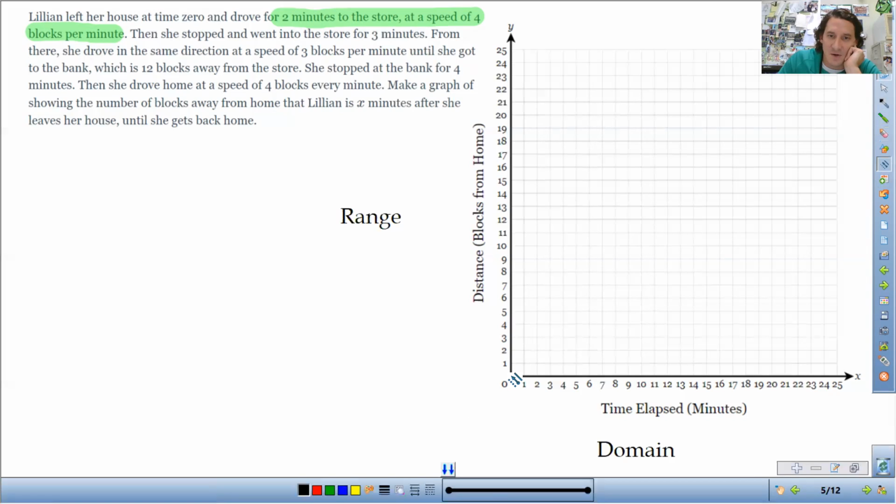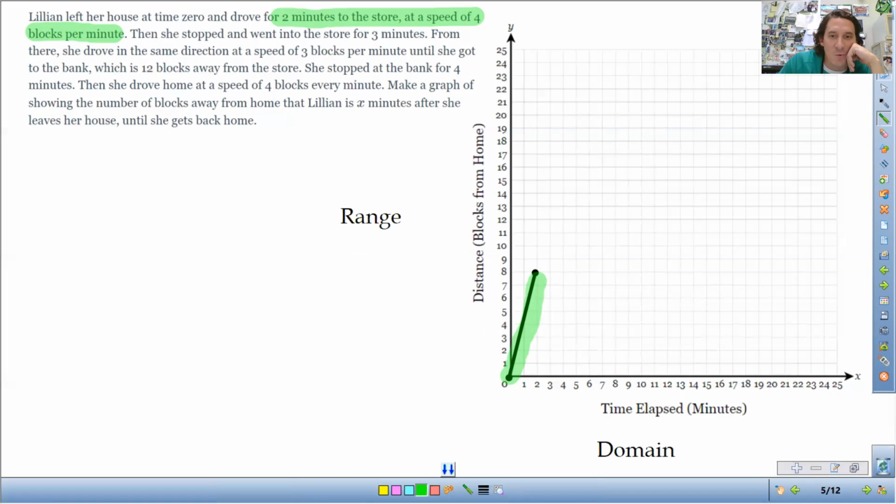So starting at 0, 0, she drives 4 blocks in 1 minute. I'm going to do it again. Up 4 blocks, 1, 2, 3, 4, in another minute. And there's her 2 total minutes of driving. So that segment represents the first part there.